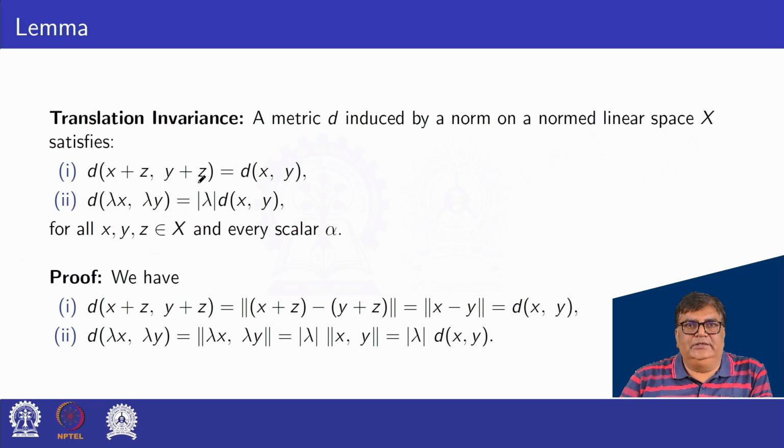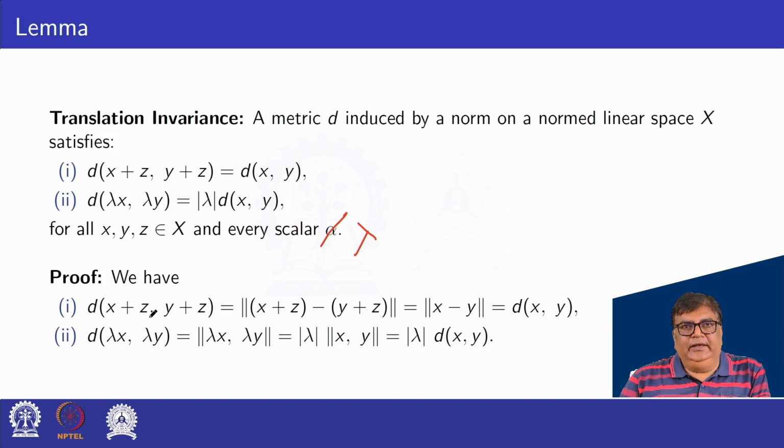Here x, y, z all are elements of the normed linear space X. Second, d(lambda x, lambda y) is equal to mod lambda d(x, y), where lambda is a scalar.